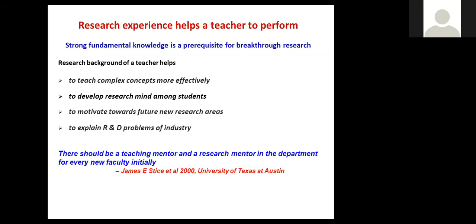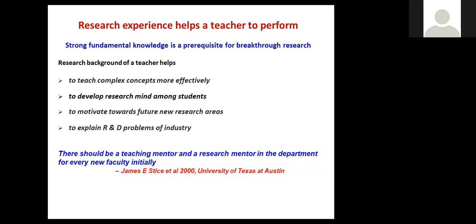So research experience helps a teacher to teach complex concepts more efficiently. Of course, I always say that a teacher needs to know A to Z of the subject. If you know A to Z, then only it is possible to go to any level based on your students.